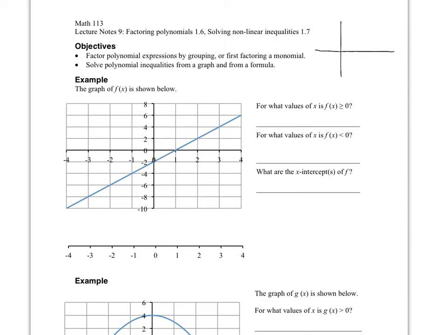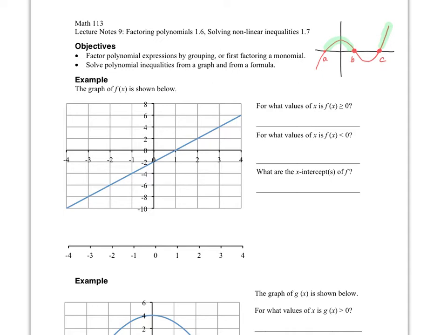For example, if you have a graph that looks like this, you can clearly see, let's say that this is A, B, C. So if I ask you where this is positive, clearly positive just means above the x-axis. So this part is positive, this part is positive.